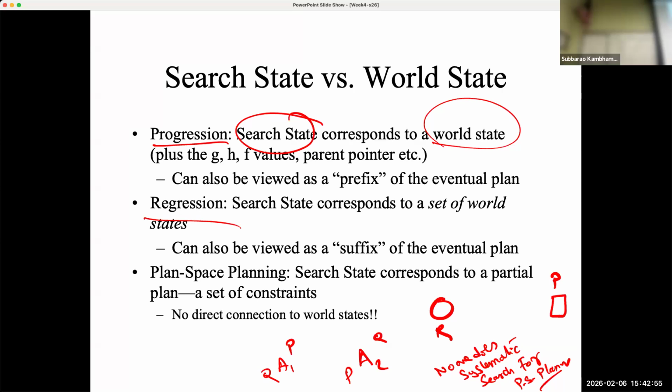That action is now being done. So essentially, you need to change the plan such that it corresponds to the new initial state. And that's what you do in progression also. The reason I'm bringing this up is that people think progression can interleave planning and execution. Regression doesn't, but plan space planning maybe can. Interleaving planning and execution can be done.